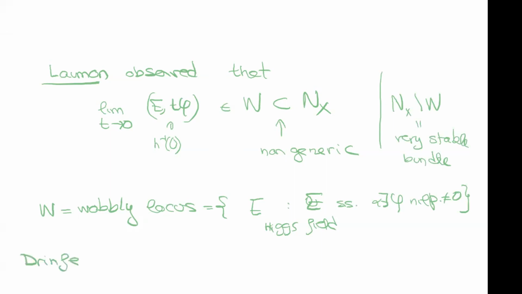So this is an announcement by Drinfeld, who claimed that W is of pure codimension 1. Okay, so it defines a divisor, so a geometrically interesting object.